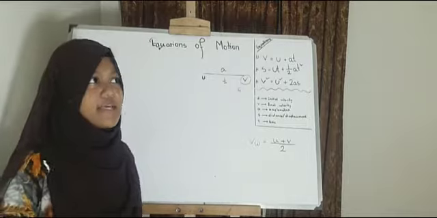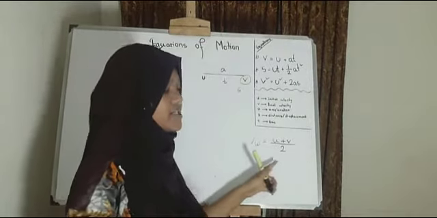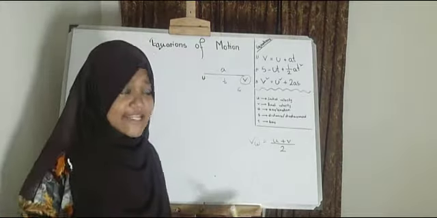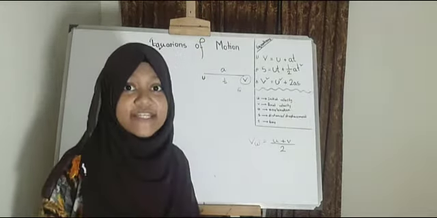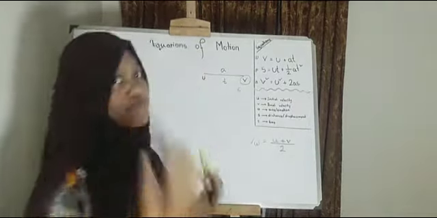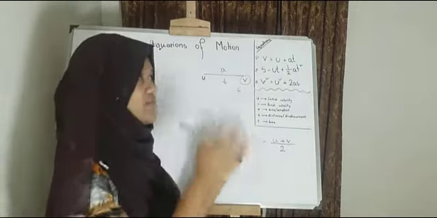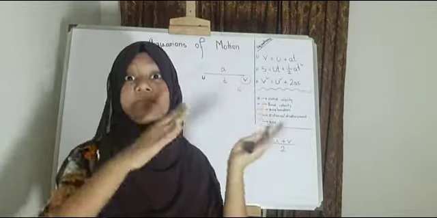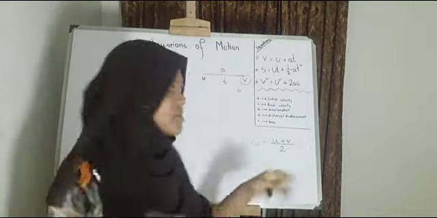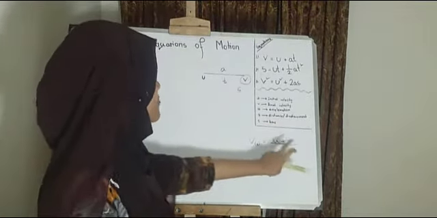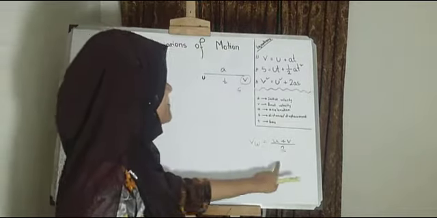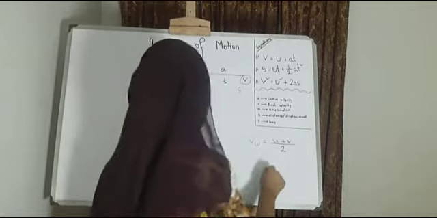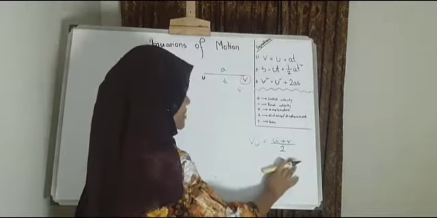You might think, wait, how did I get this? It's a normal equation. How do you get an average? We sum up the numbers and divide by the count of numbers. So that's what we did: u plus v, the total, divided by 2, as there are two quantities. So this is the average velocity.